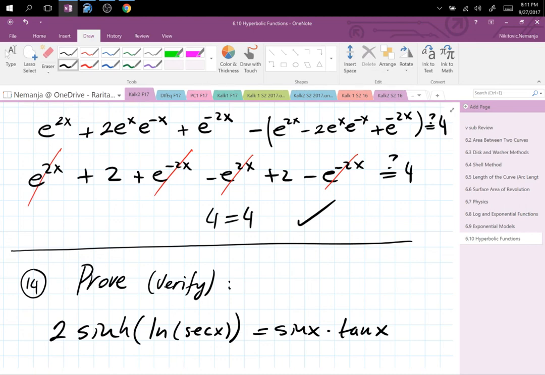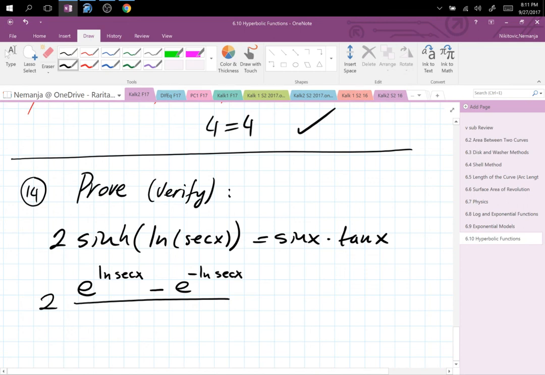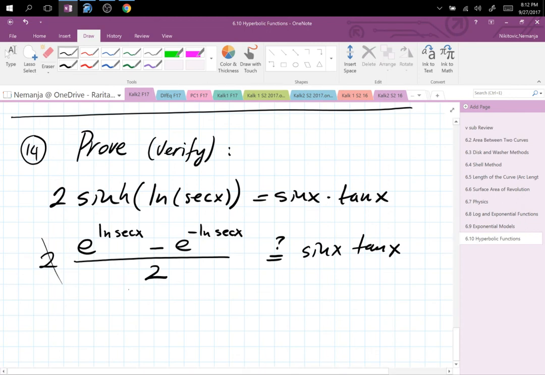All done? Let's take a look. 2 times the fraction e raised to ln sec x minus e to the minus ln sec x over 2 should be equal to sin x tan x. Well, 2 and 2 cancel.